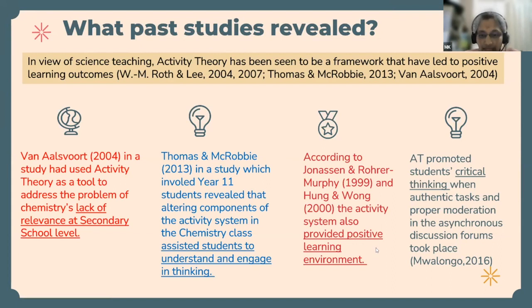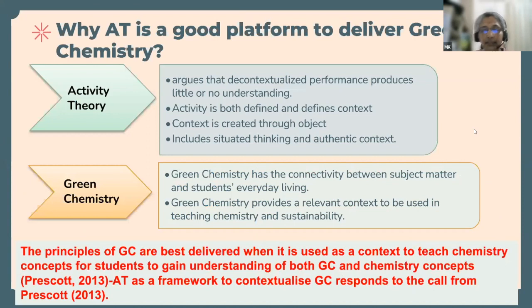Activity theory also provided a positive learning environment in chemistry, and activity theory promoted students' critical thinking. So to some extent, activity theory has been used in chemistry education, but there's no literature on how activity theory is used in green chemistry. So we have done that, trying to integrate activity theory in green chemistry.